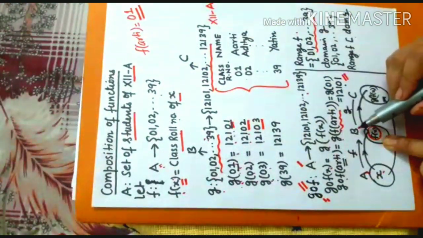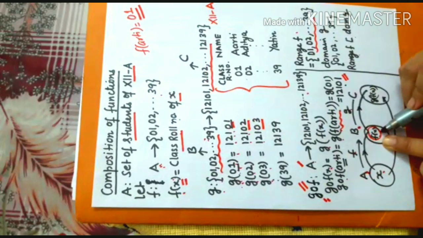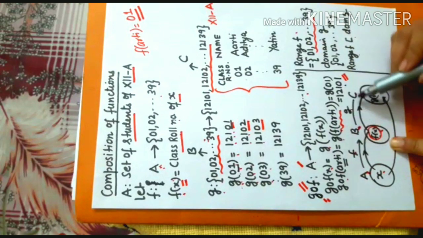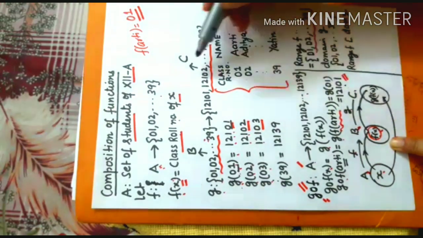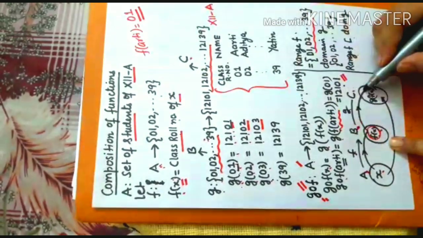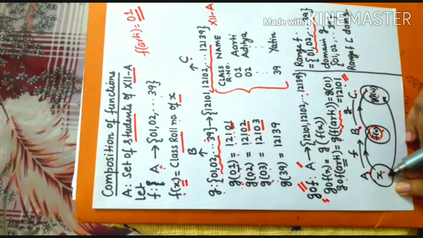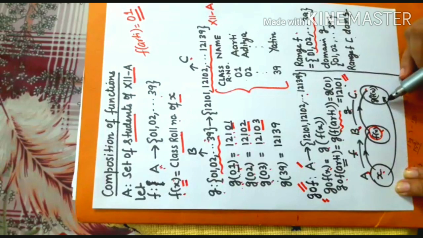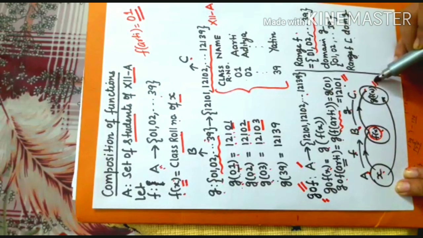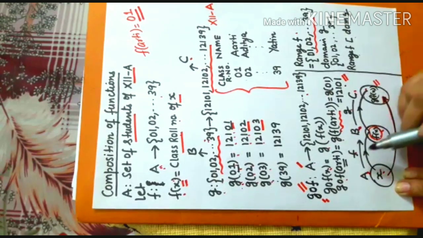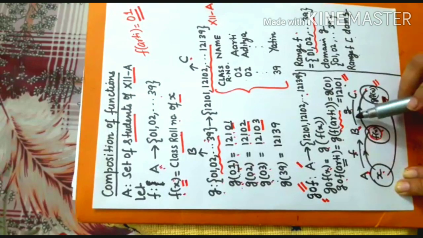Now g is a function from B to C. So every element of this set B will be associated to some element in the set C, that is, in this set. So with every element of the set A, we are able to associate an element of the set C. So from A to C, this function is the composition function of these two.